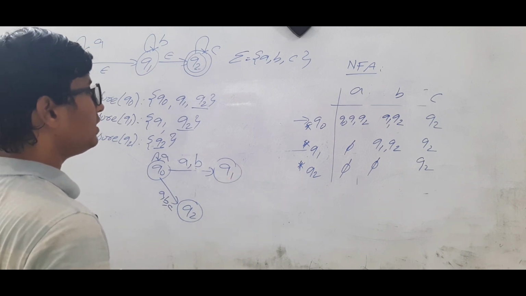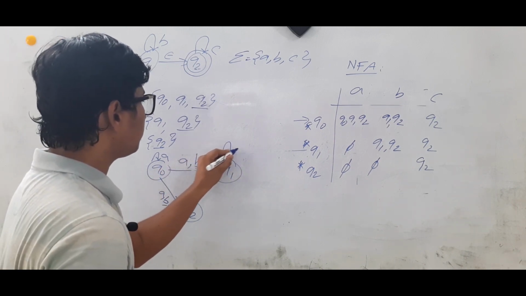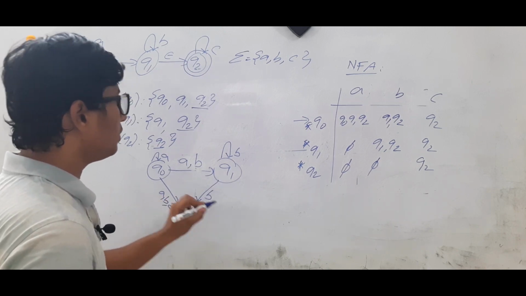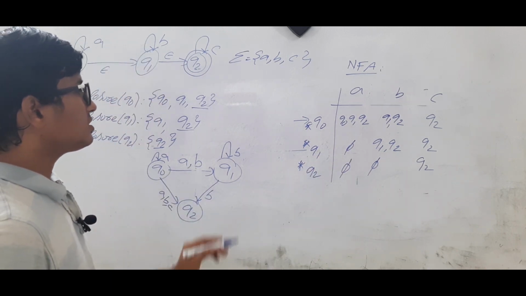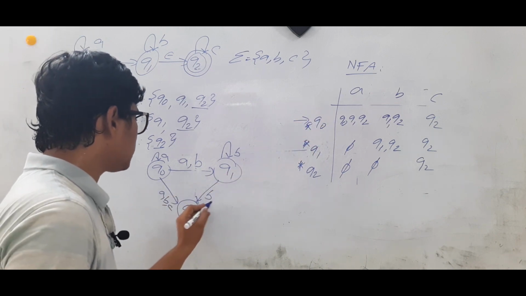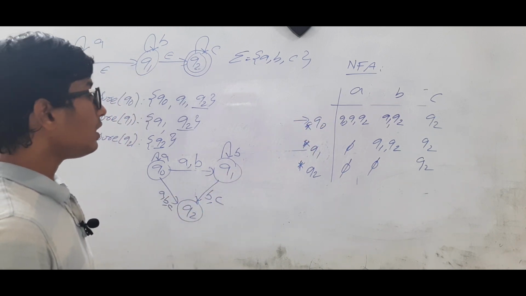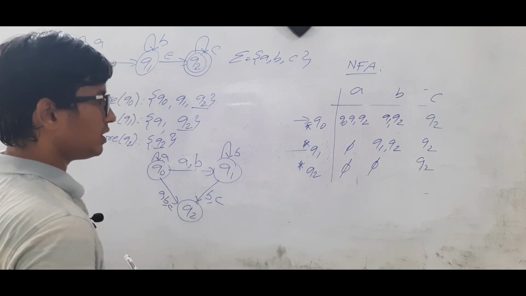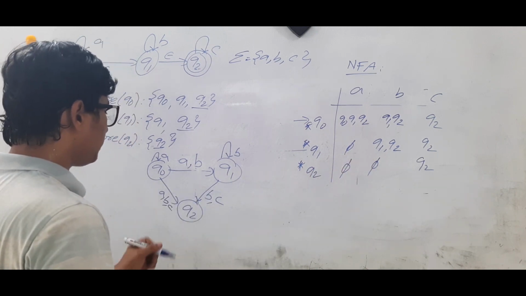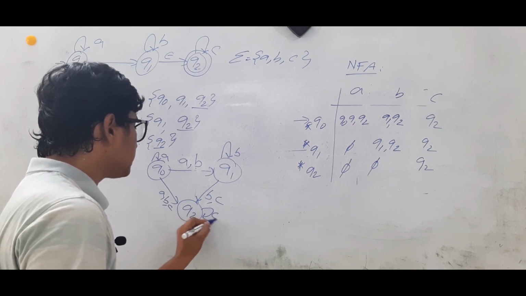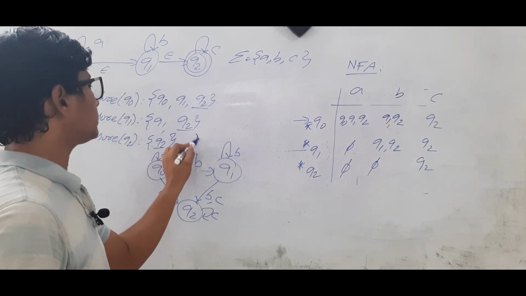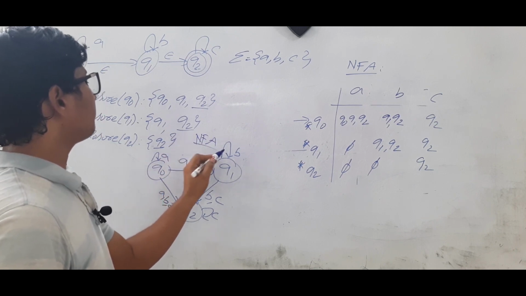Q1 on B is going to Q1 itself, and on B it is going to Q2 also. On C, Q1 on C also is going to Q2. Is it clear? Now come to Q2. Q2 on A is not going anywhere. On B it is not going anywhere. On C it is going to Q2 itself. So we have constructed the transition diagram for the NFA.